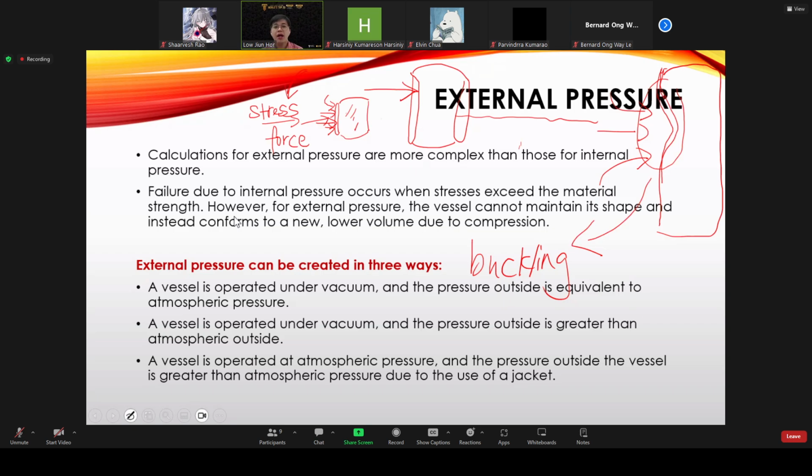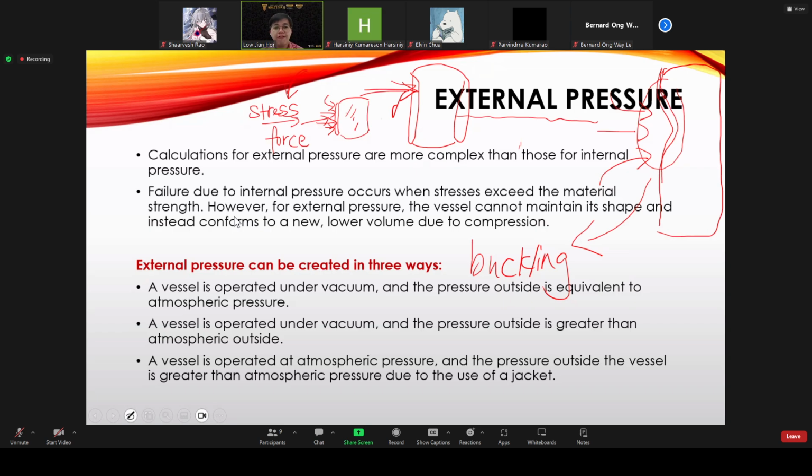So you can imagine when there are a lot of forces outside the outer surface, and moreover the pressure or the forces outside the pressure vessel is bigger than the internal pressure or force that can be found inside the pressure vessel, all the forces will try to push the outer surface, the wall or the shell of the pressure vessel.